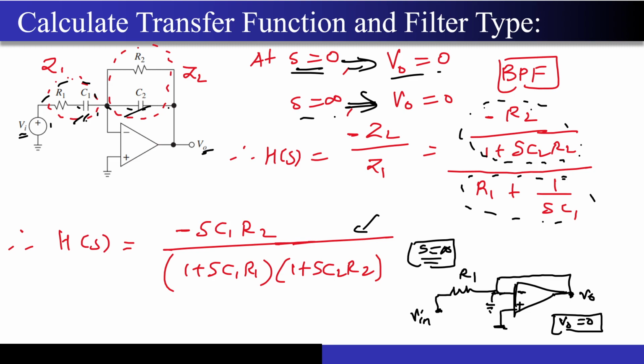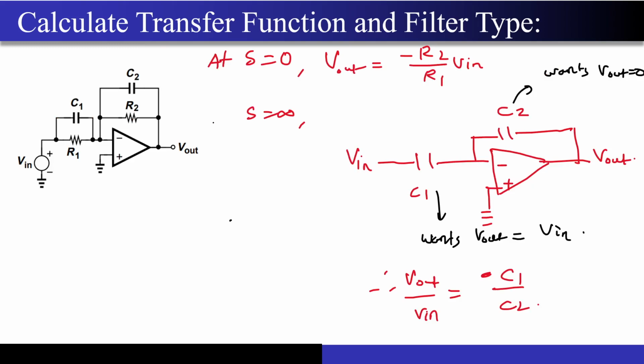Correct? So we have seen how to implement high pass filter, band pass filter, low pass filter using the active components, right? Now let's try to see the response of this circuit, right? This is a little bit tricky. Now what happens at S equal to 0? We are first just trying to get an intuitive sense of what this circuit is actually doing. At S equal to 0, you can just open circuit the capacitors.